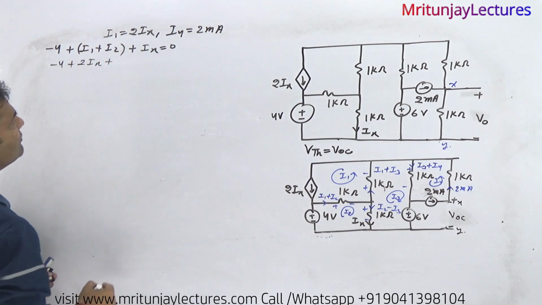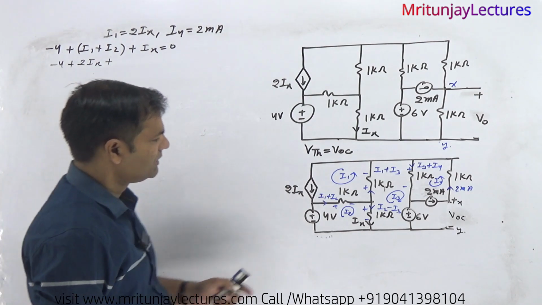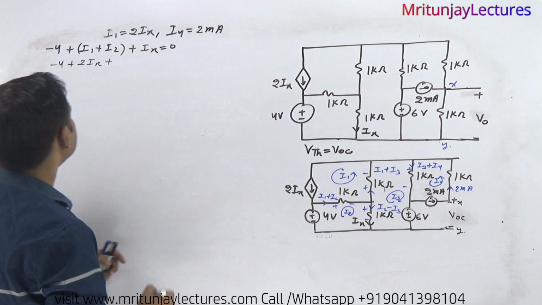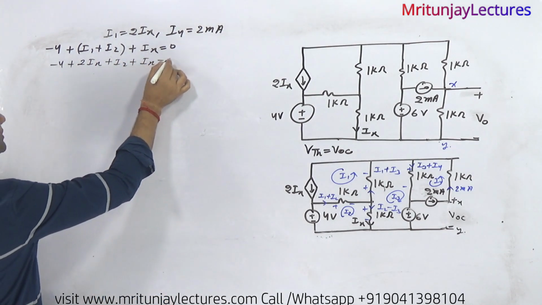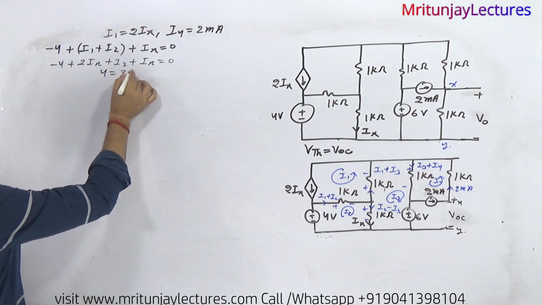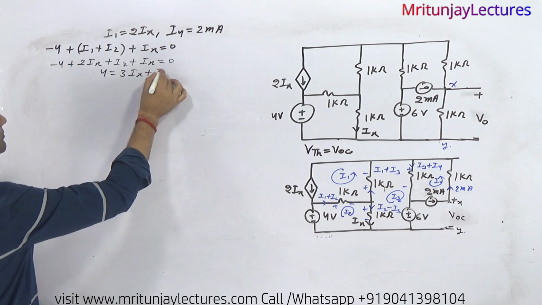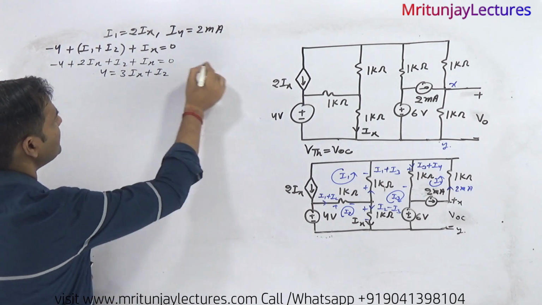What about I2? Simply put here I2 and plus Ix, this will be equal to 0. So 4 is equal to 3Ix plus I2. Equation number 1.